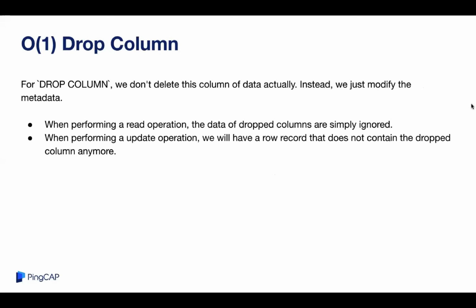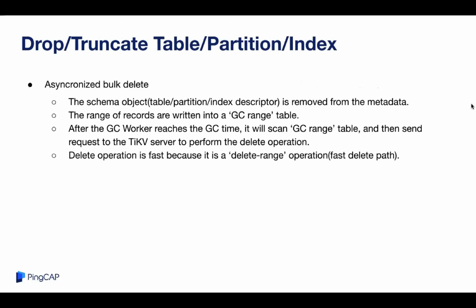And for drop column, we don't actually delete the column data. We also just modify the metadata, so that, for example, when performing a read operation, the data of dropped columns is simply ignored. And when performing an update operation, we will have a row record that does not contain the dropped columns. Things are similar for drop or truncate table, partition, or index.